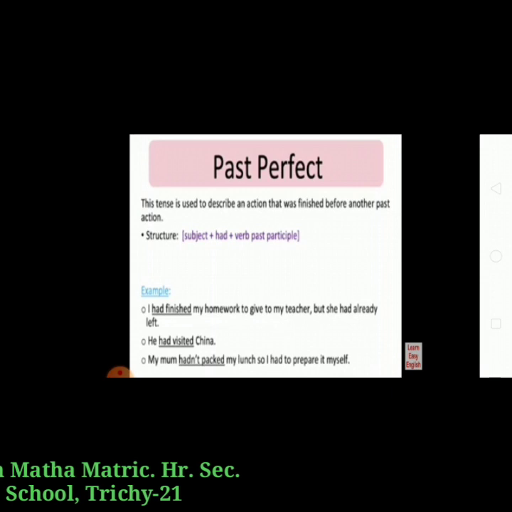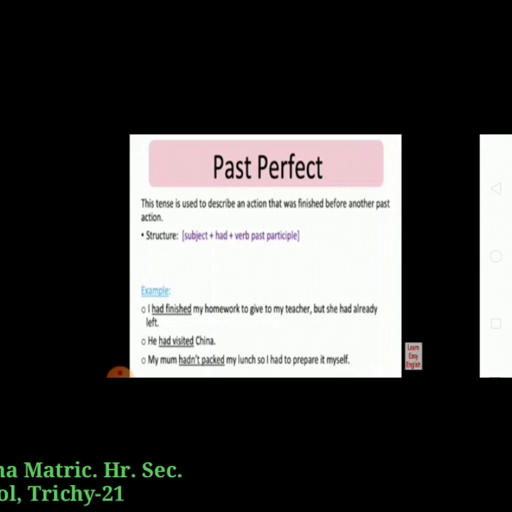For example, if he had informed her, she would have waited for him. I wish I had accepted the job. See the structure of the past perfect: subject plus had plus verb past participle.